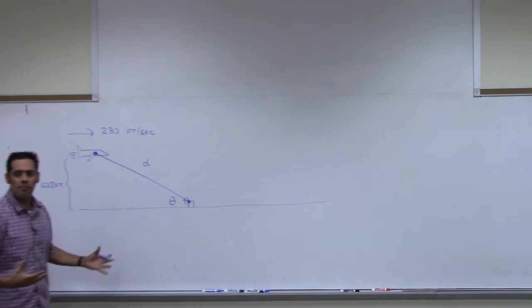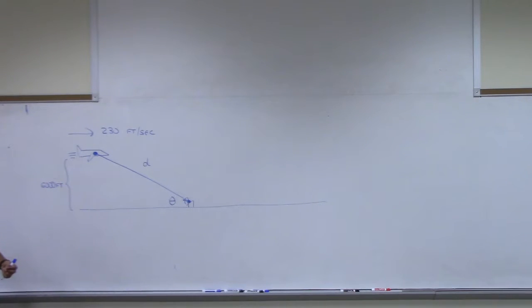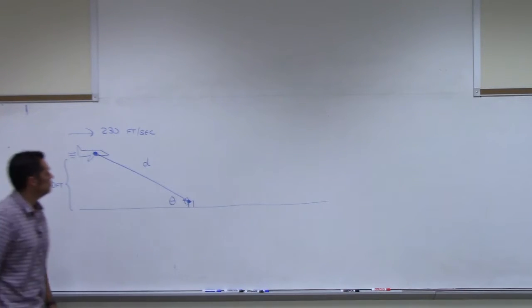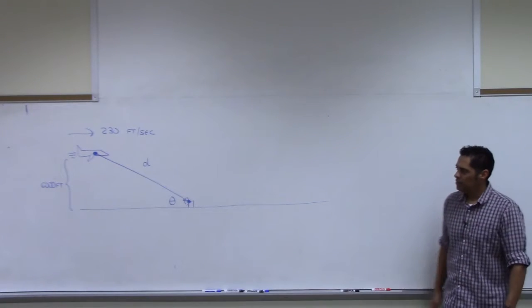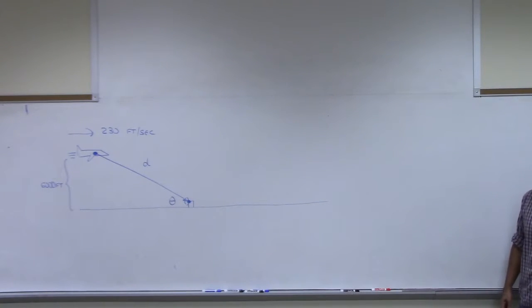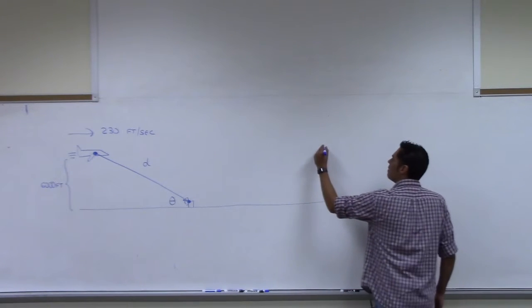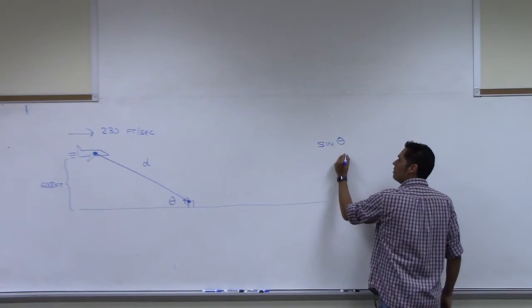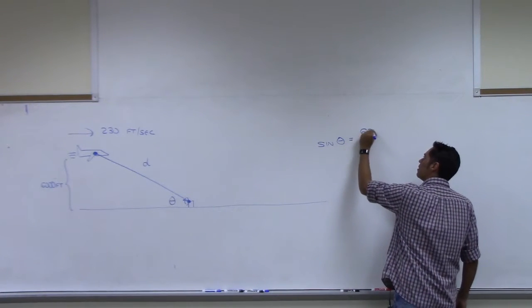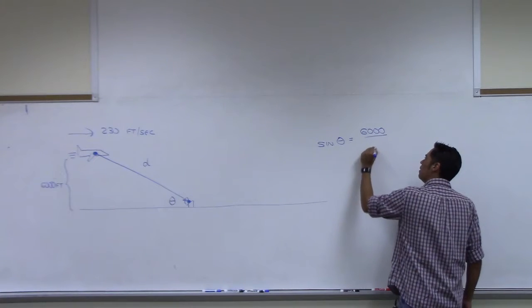Well, to do that problem, we first have to find a relationship between the distance and the angle. So can you give me a relationship between the distance and the angle? Any relationship you can think of. And since this is pre-cal, you may as well think of a trig function. Sine, what does it say? Sine of theta is equal to 6,000 over d.